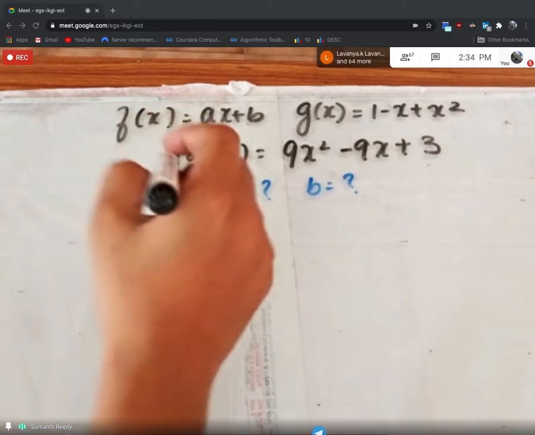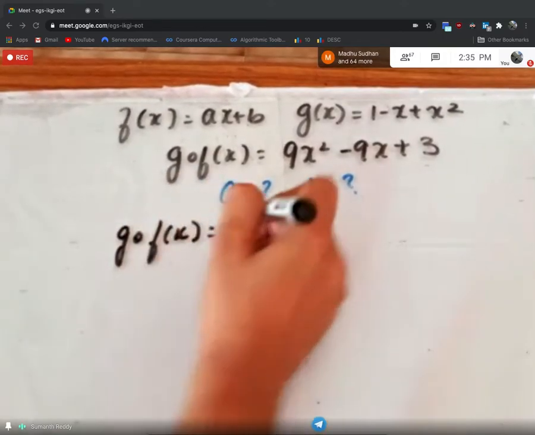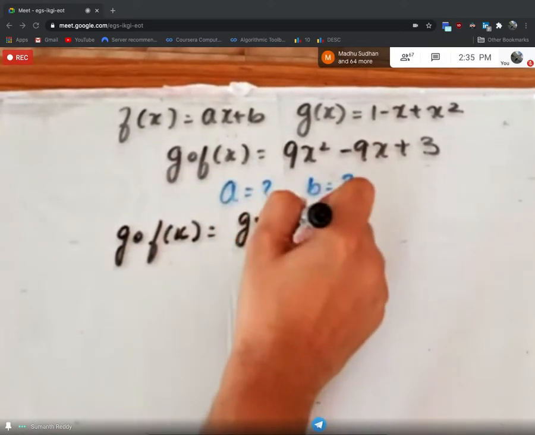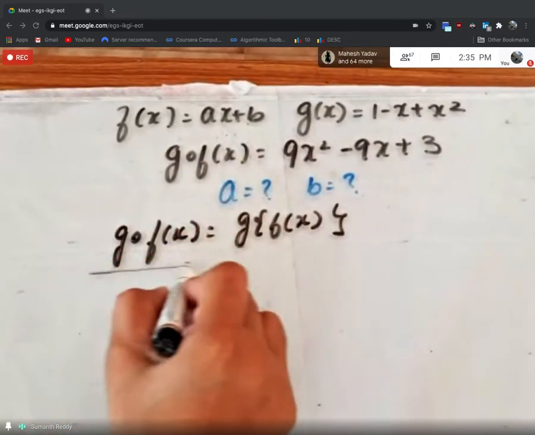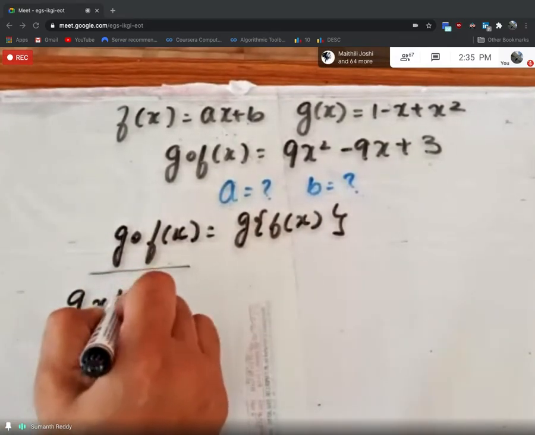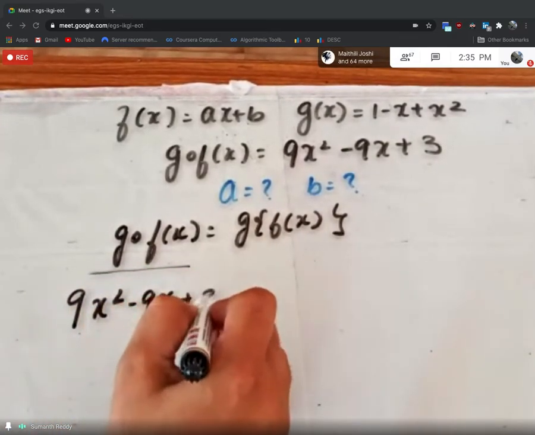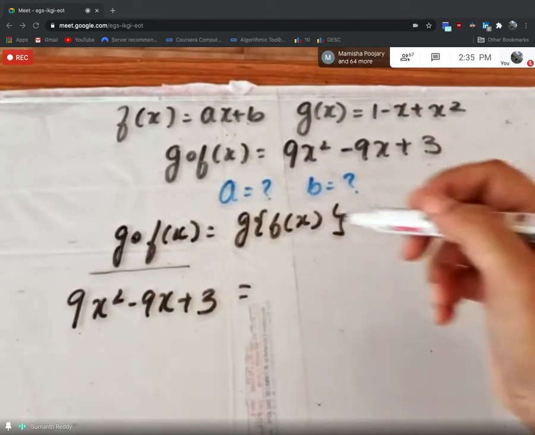As I have told you, first of all, g composition of f of x is equal to g applied upon f of x. Based on this, I will elaborate. The g composition of f of x that he has given is 9x square minus 9x plus 3, right? Now I will elaborate this based on the definitions.